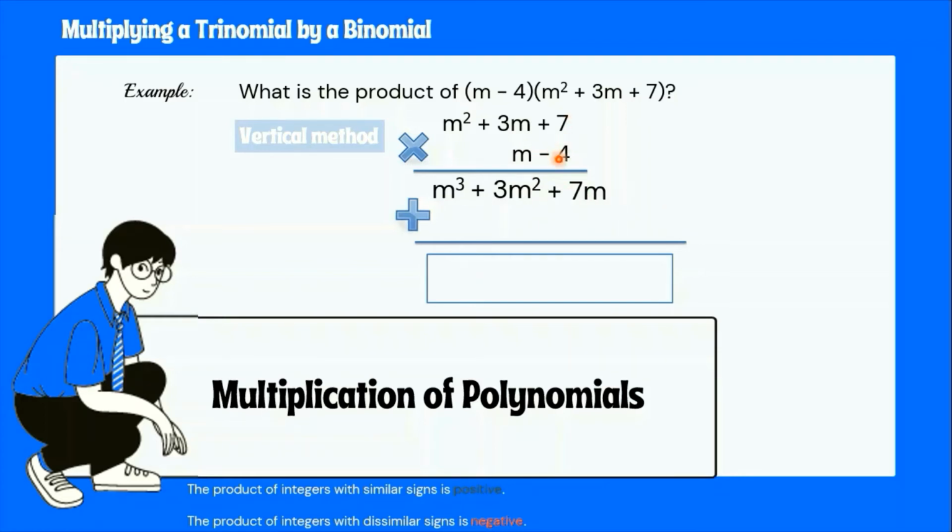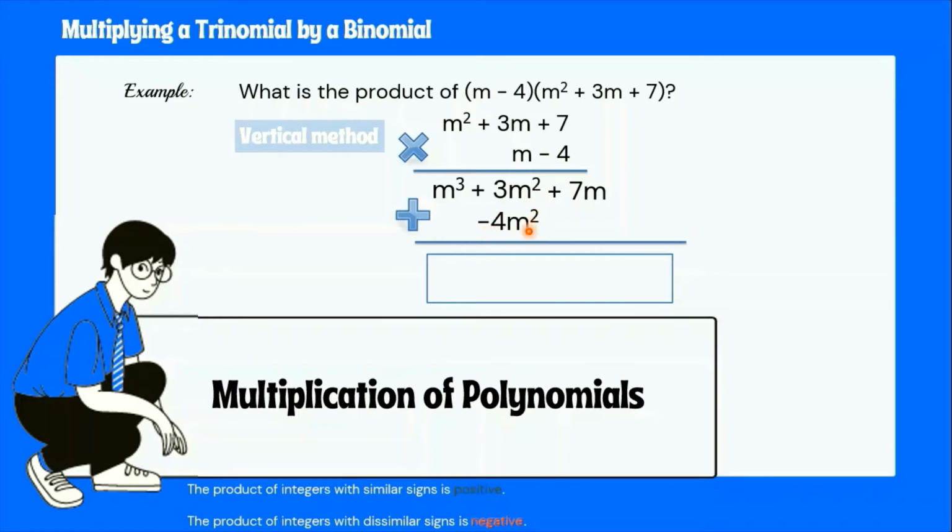Next, dito naman tayo pumunta sa second term ng binomial. Left to right din natin siyang i-multiply. Next, negative 4 multiplied to m squared ay magiging negative 4m squared. Ipagtapat natin yung pareho ng literal coefficients. Negative 4 dahil negative 4 multiplied to invisible 1 ay negative 4. Positive and negative, kaya negative.